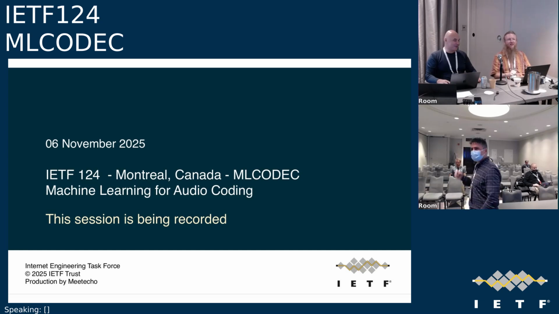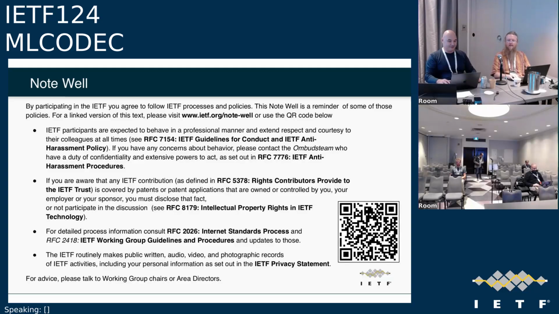All right. Well, we're going to get started. This is the room where the two slides are at a slight angle to each other. It's because they run the transcription on one and not on the other.